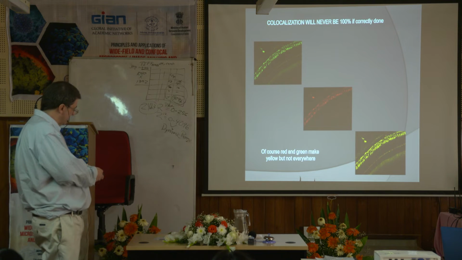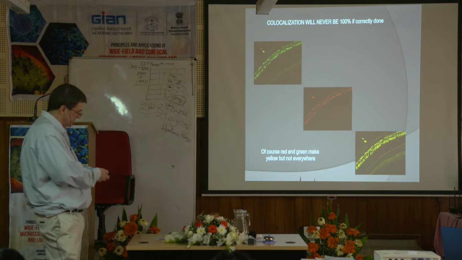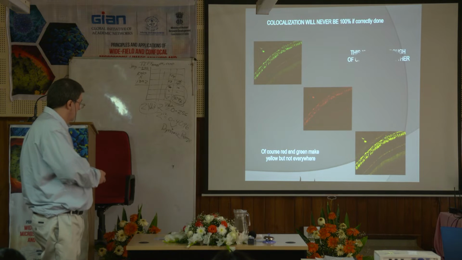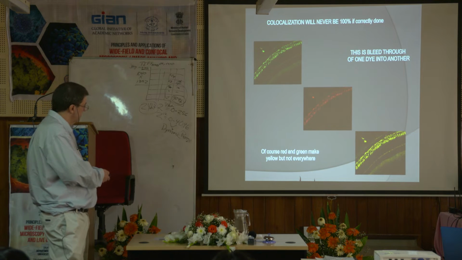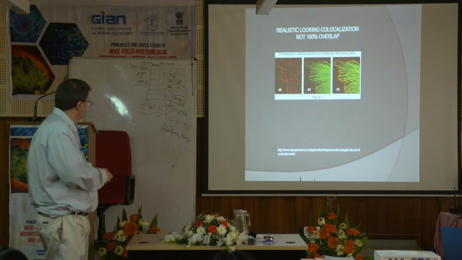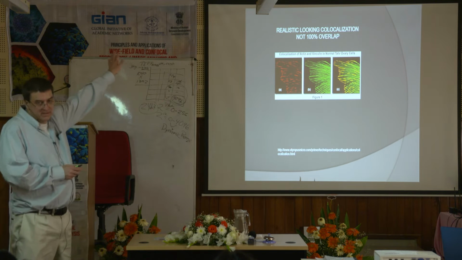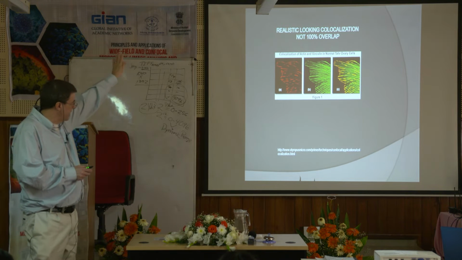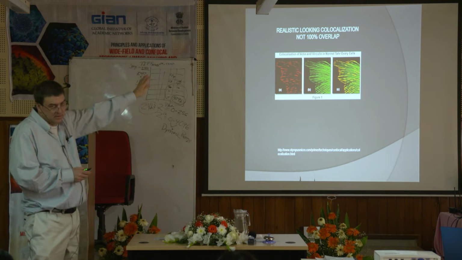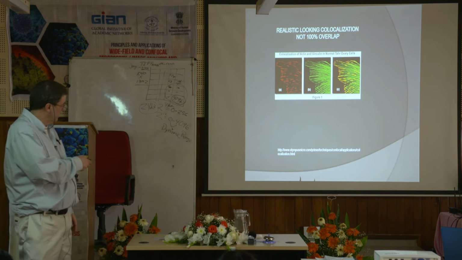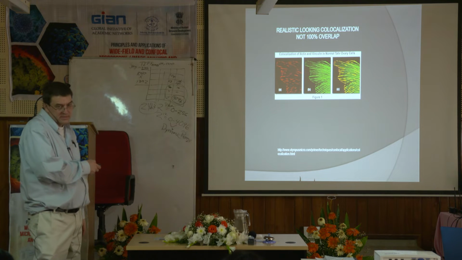Okay, of course red and green make yellow, but not everywhere. It's just false. This is bleed through. I was getting good with the animations. Okay. This is more realistic. They used a red dye on the left panel, a green dye in the middle panel, and then look, it only overlapped in certain places, okay?